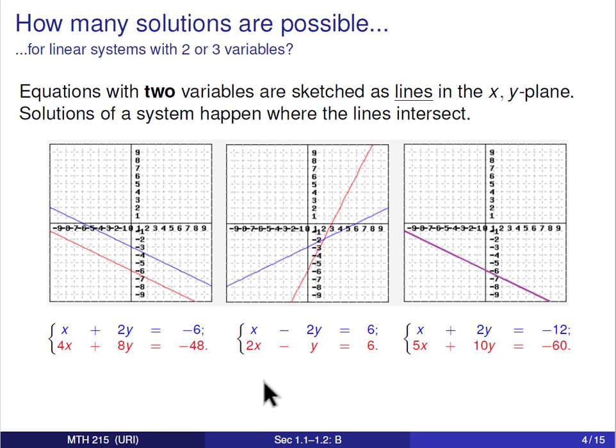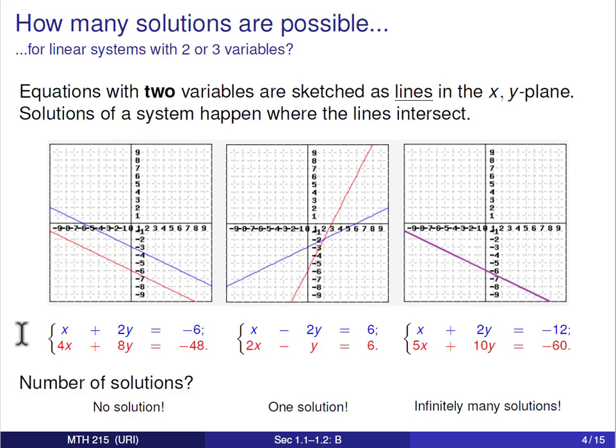All right, so if we were to just take a poll of the solutions we've looked at in the examples, if we asked how many solutions were possible, here are our examples of two equations with two variables. If we were to count the number of solutions each of these examples had, we'll see that the first system had no solution because there was no point of intersection. The second example had exactly one solution because there was exactly one point of intersection.